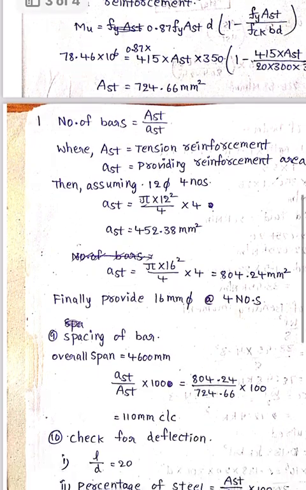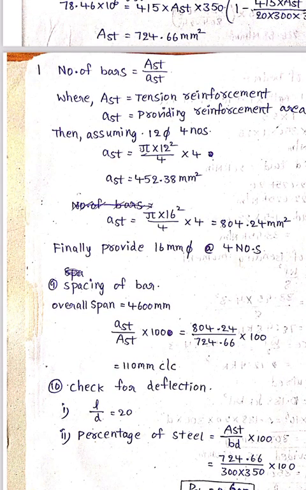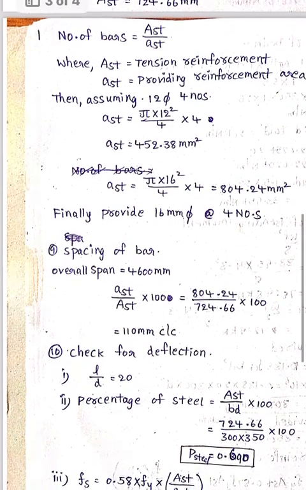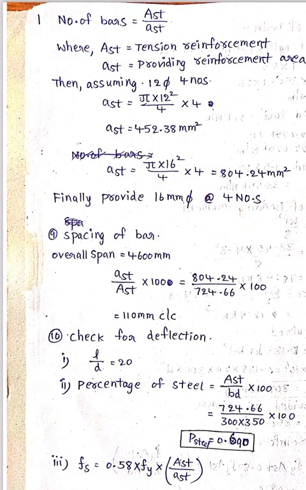After determining the area of steel, we need to determine the number of bars. That implies capital AST by small ast, where capital AST means tension reinforcement required and small ast means provided reinforcement. Assuming 12 mm bars, we assume the diameter of bars 12 mm, and ast provided reinforcement of steel is pi by 4 into 12 square into 4.